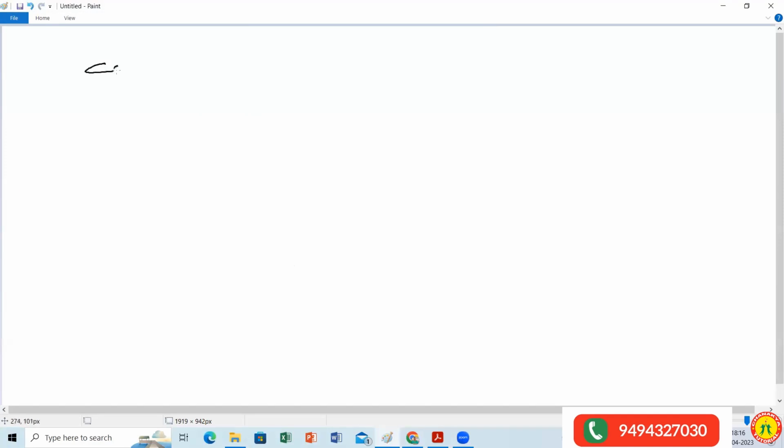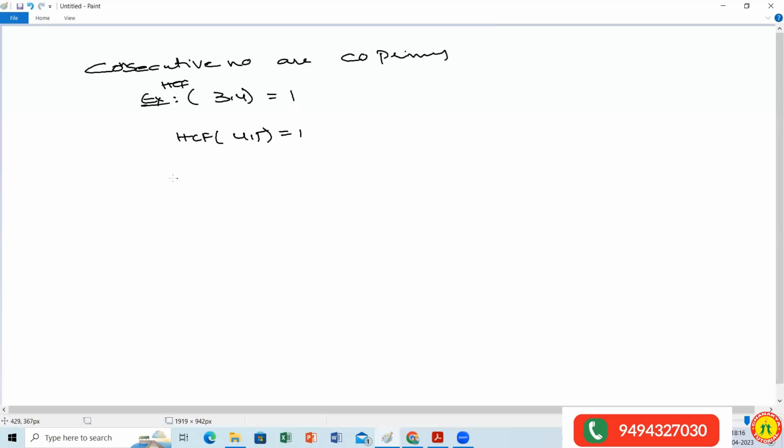Consecutive numbers are always co-prime. Yes, consecutive numbers are co-primes. Examples, you can write: 3, 4. HCF of 3 and 4 is 1. HCF of 4 and 5 is 1.